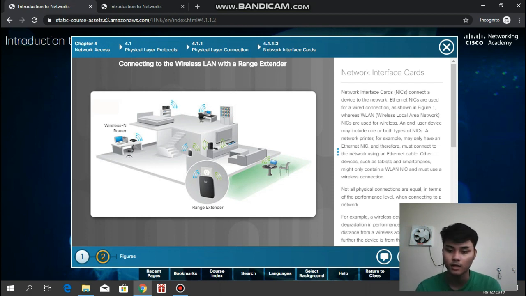A wired connection like a PC cannot be used to connect to the wireless router in this setup, since it is wireless, so you can connect it without wires.